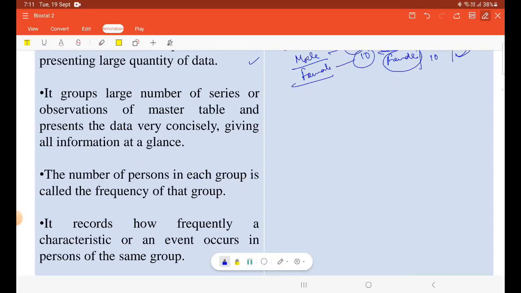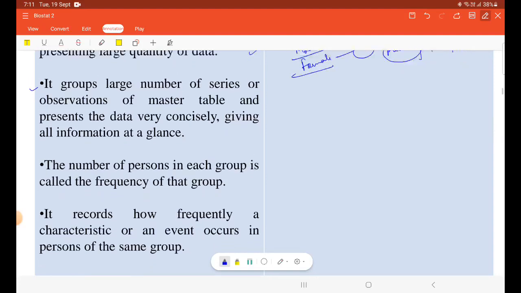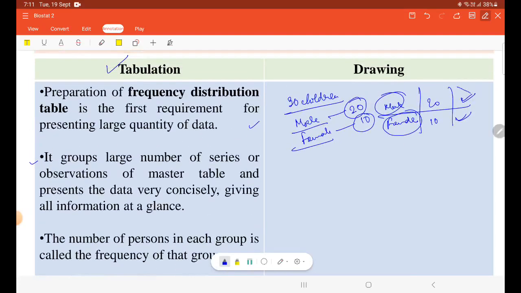It groups a large number of series of observations into a master table and presents the data very concisely, giving information at a glance. So just say from here, at a glance we can understand how many male, female. Total also we can understand if we keep the total here. So we understand that there are two types of observation among the students, male and female.